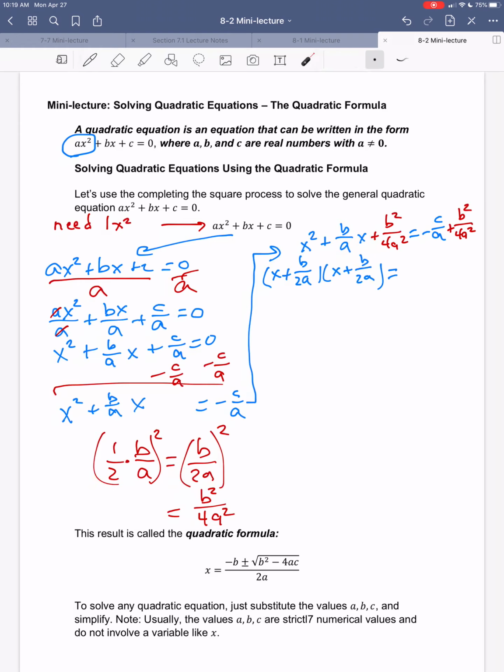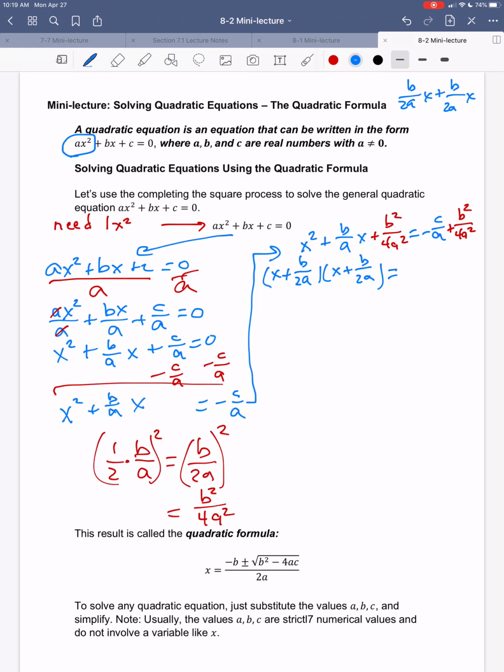Notice if I do FOIL now, first times first is the x squared. Last times last, b times b is b squared. 2a times 2a is 4a squared. What about outer and inner? Well, I get b over 2a x plus b over 2a x.